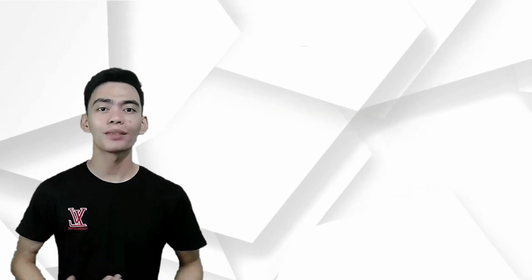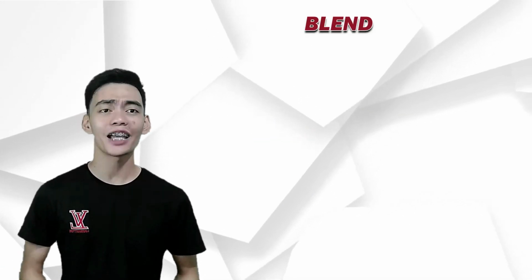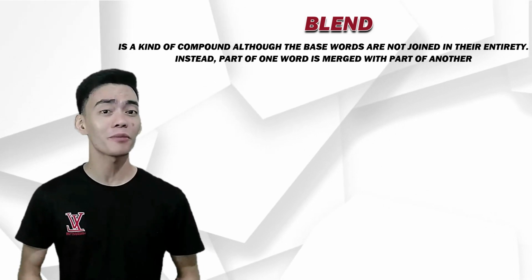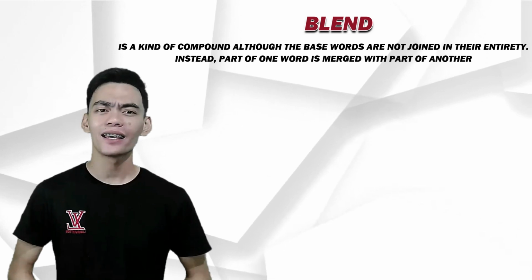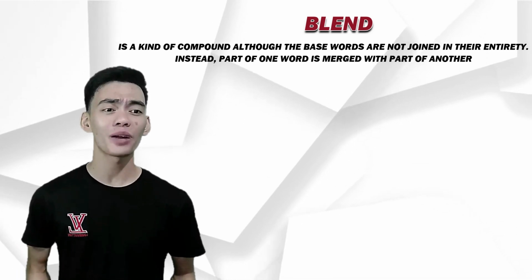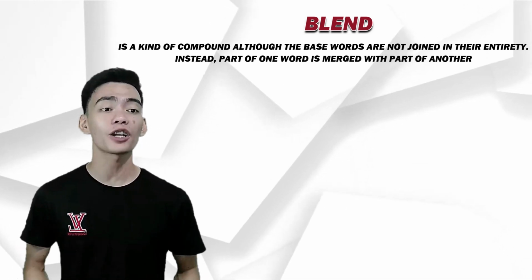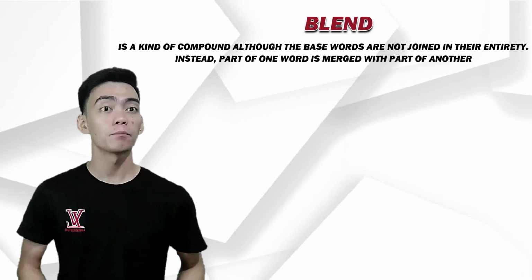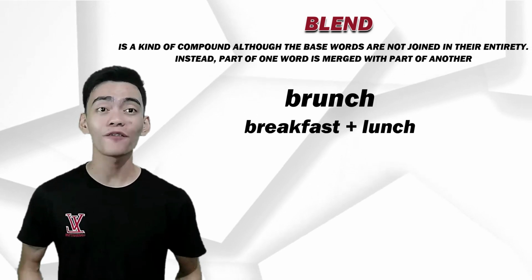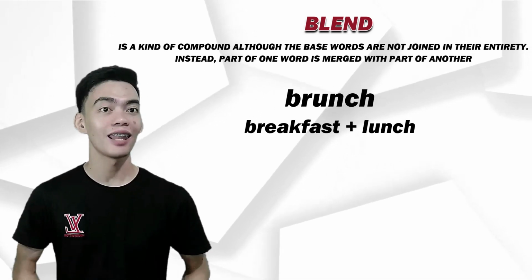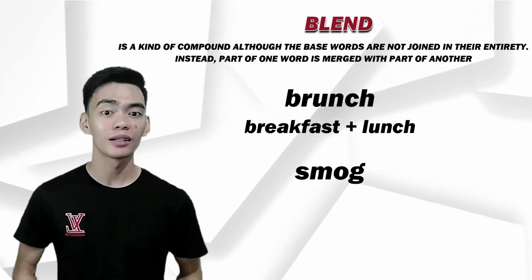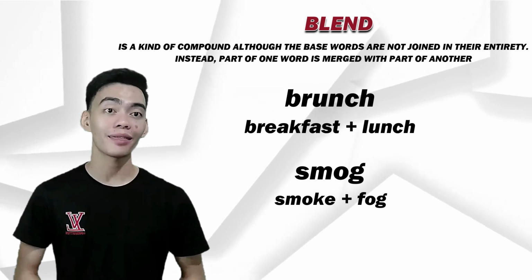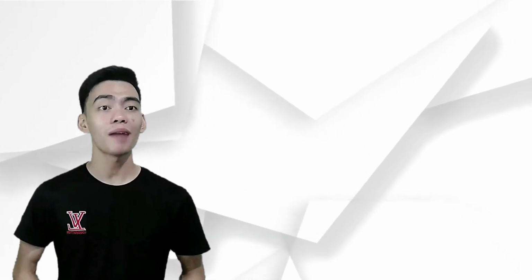Another one is blend. A blend is a kind of compound, although the base words are not joined in their entirety. Instead, part of one word is merged with part of another, as in brunch, from breakfast and lunch, and smug, from smoke and fug.